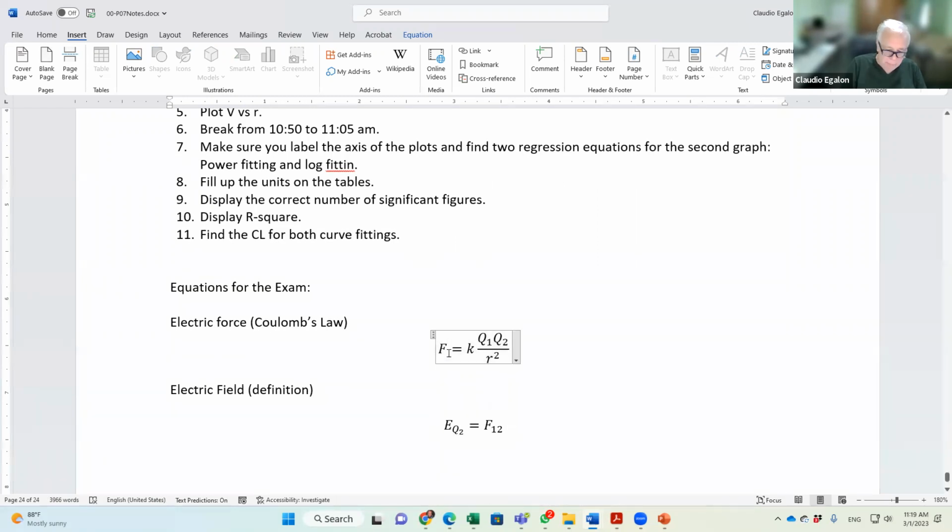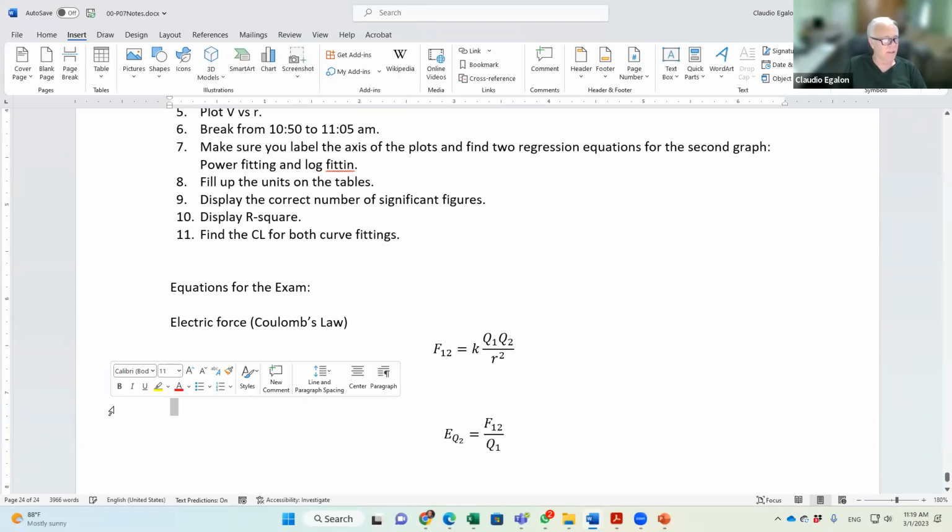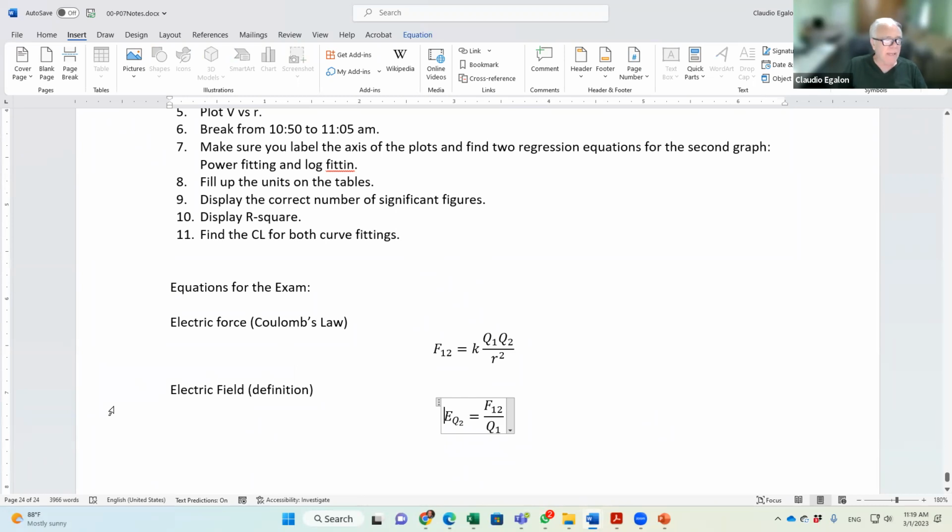let me label it between 1 and 2, divided by charge of 1. That's a definition. This is not a law. It's a definition that ends up being very convenient to know. For a point charge Q2, the electric field is going to be given by something like that.